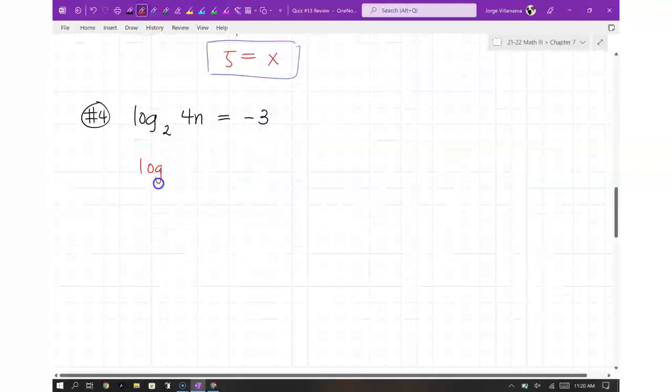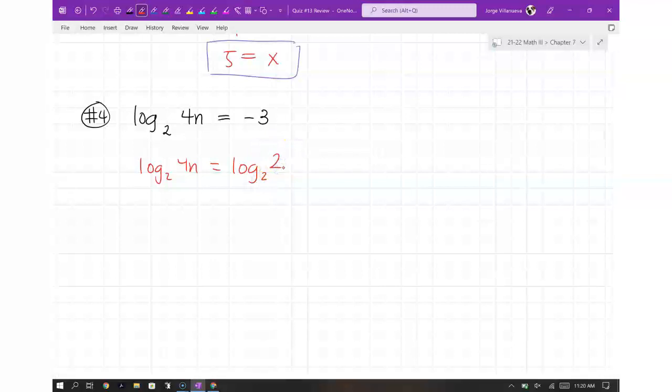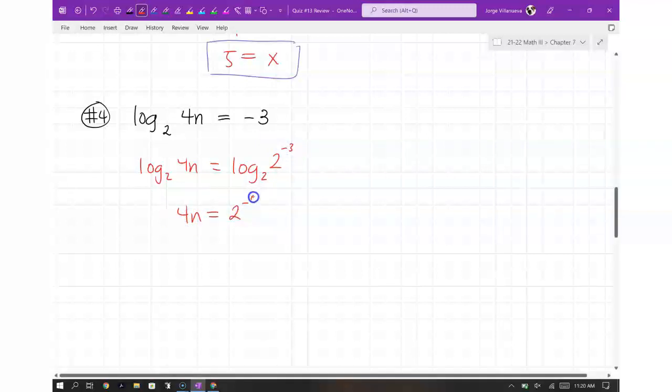So log base 2 of 4n equals log base 2 of 2. Remember, always copy that base, right? So 2, and then there's a big 2 there, and then use that negative 3 as the power. So now since they both have a log base 2, get the inside portions and set them equal to each other. So 4n equals 2 to the negative 3.